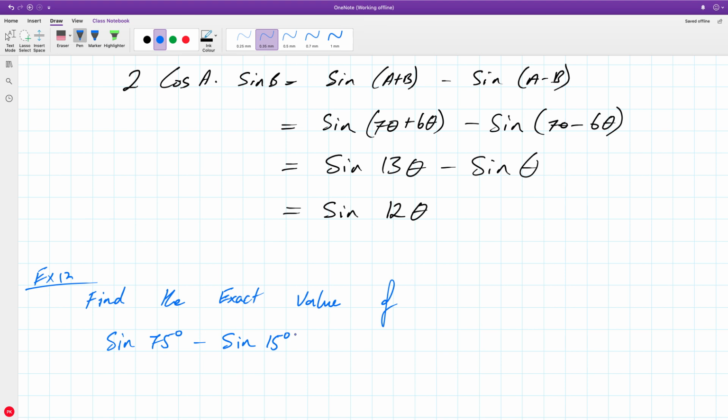So we're using the ones on the top or the ones on the bottom? The ones on the bottom, exactly. We're going from subtraction back to multiplication.